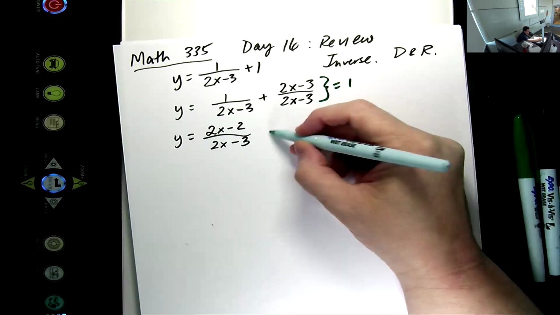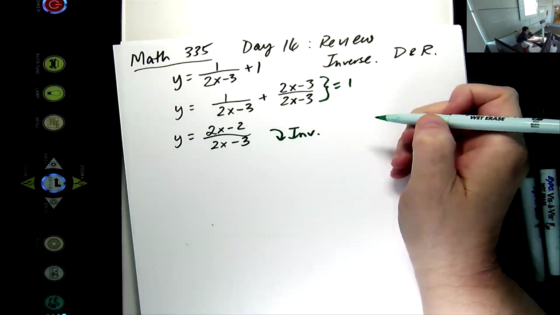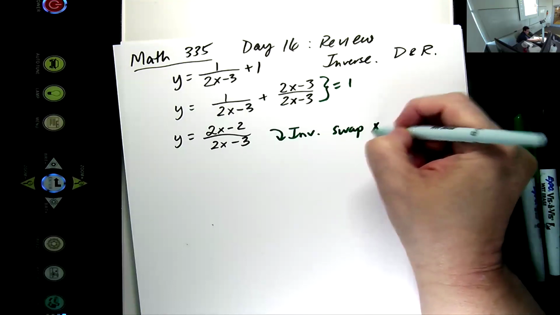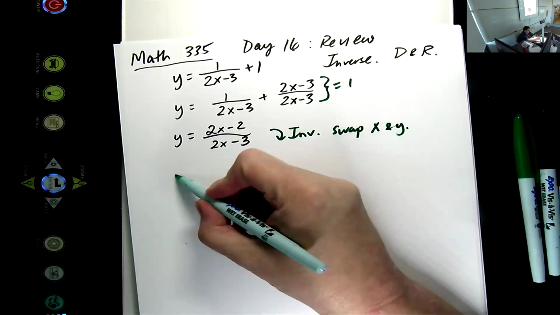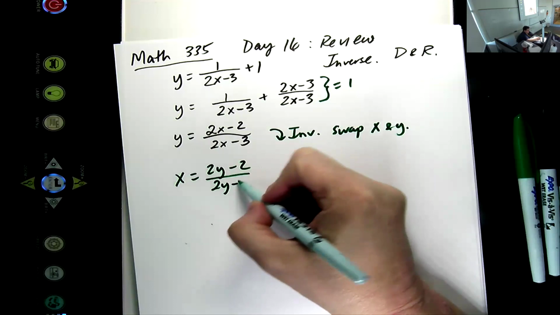So what do we do on an inverse? We switch the y's and the x's. That's right, swap x and y. So x equals 2y minus 2 over 2y minus 3.